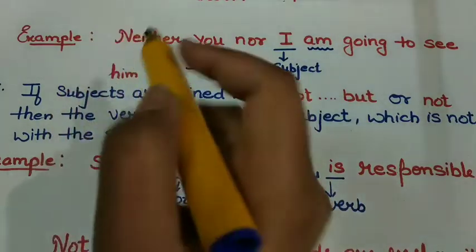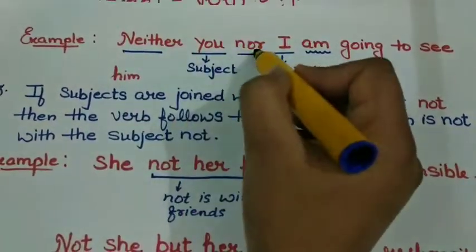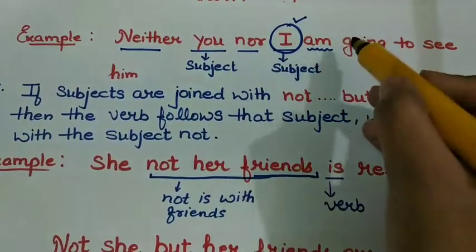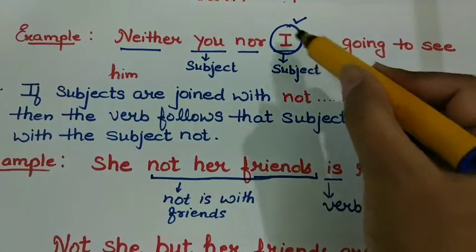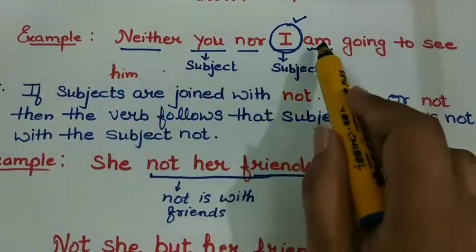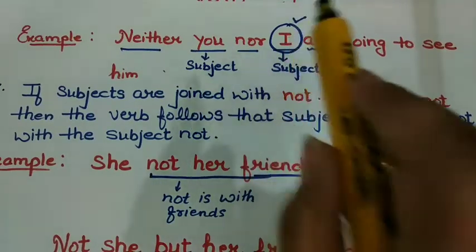Now I have used neither nor here. So I will consider this I as the subject and will use am, because we use am with I, not with you. So I have used am according to the nearest subject.